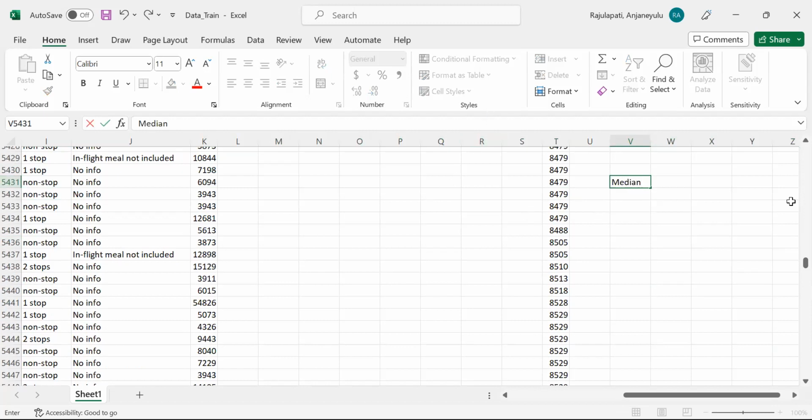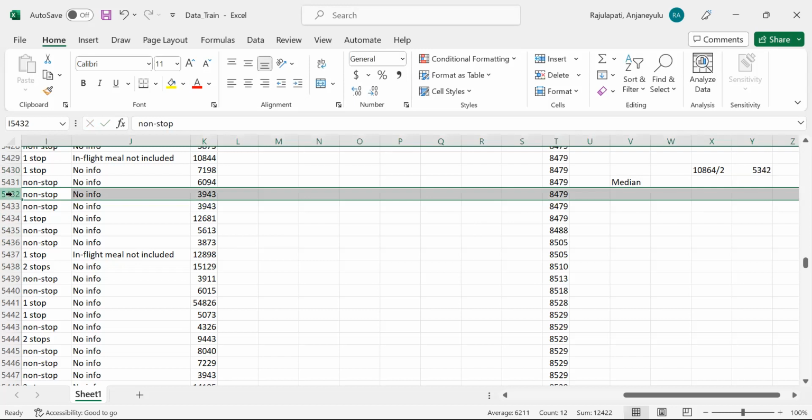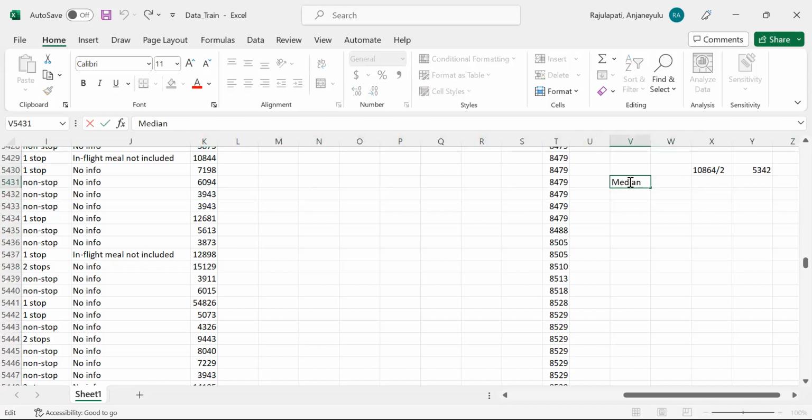So dividing by 2, we get the 5342 index. That's the reason I am taking the 5342 index number: it is exactly the middle value. This is the only middle value, right or not?